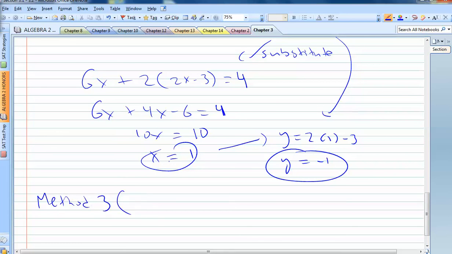Method 3, which involves elimination. I like this method too, depending on what we're dealing with.